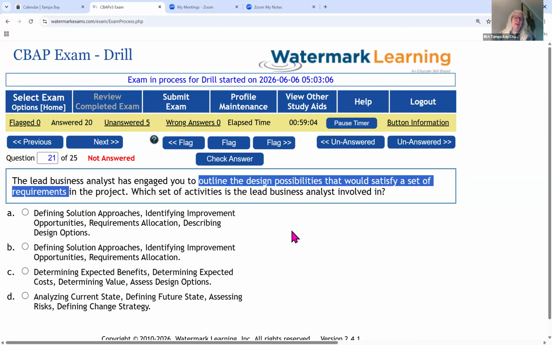If it's define design options, which of these has the elements of define design options in it? Which one can we eliminate first?